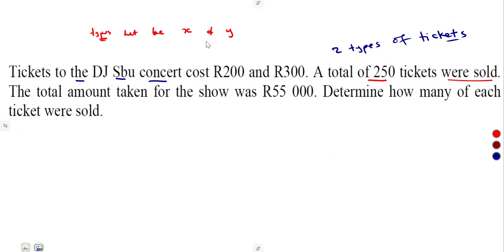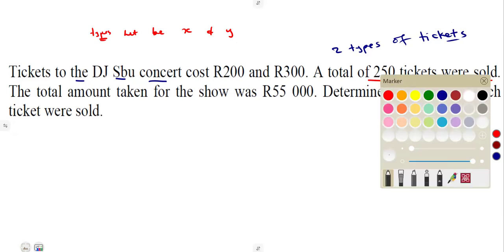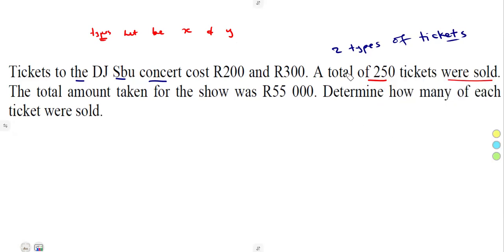The two types that we have. Then there is a total here. Let me indicate. This is the first total for the number of tickets. Then we move on. There's a total again, but for the amount taken for the show. The total amount.